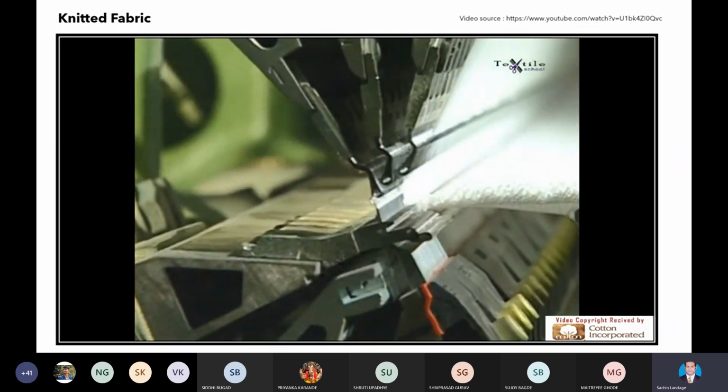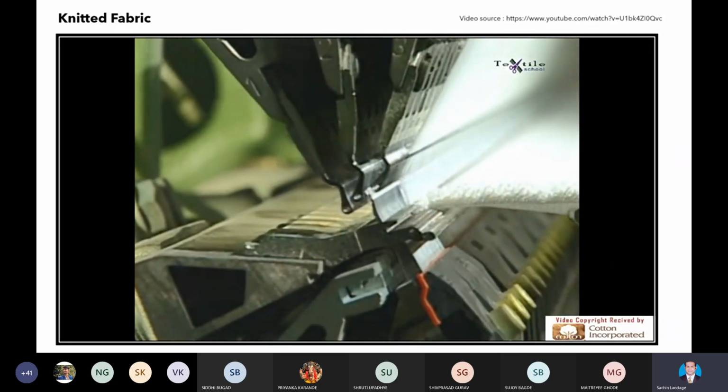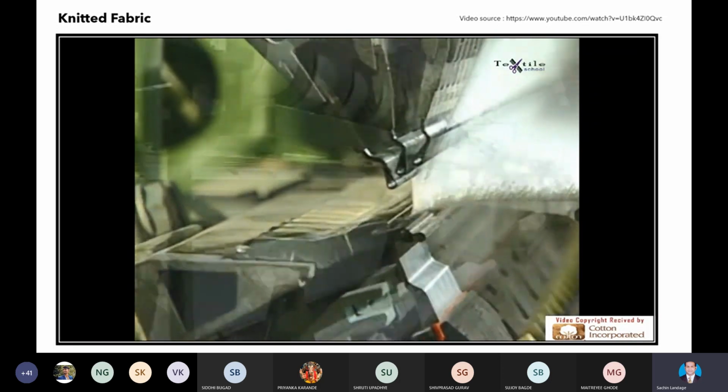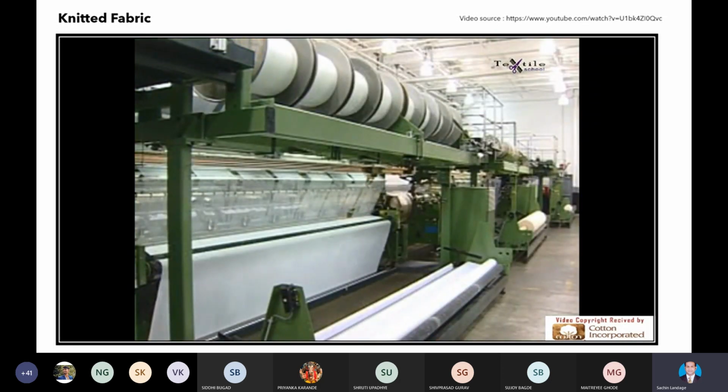With warp knitting, individual needles knit simultaneously across the width of the machine. Loops are formed by needles knitting a series of warp yarns fed vertically and parallel to the direction of the fabric formation. Warp knitting machines are typically used to produce tricot, raschel, and crochet.